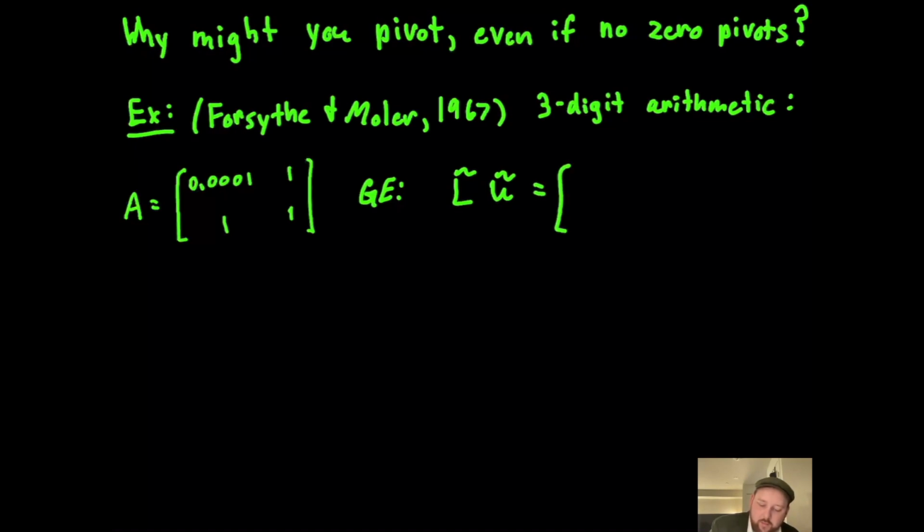And what happens is that this L, you'll see that it's equal to 1 over 10 to the 4th, 0, 1. And this U, in exact arithmetic, this is wrong, but if you follow this 3-digit accurate arithmetic system, what you'll see is that this computed U will be 0.0001, 1, 0, minus 10 to the 4.